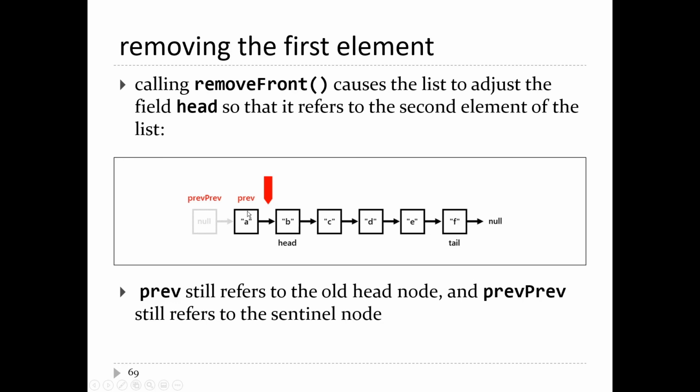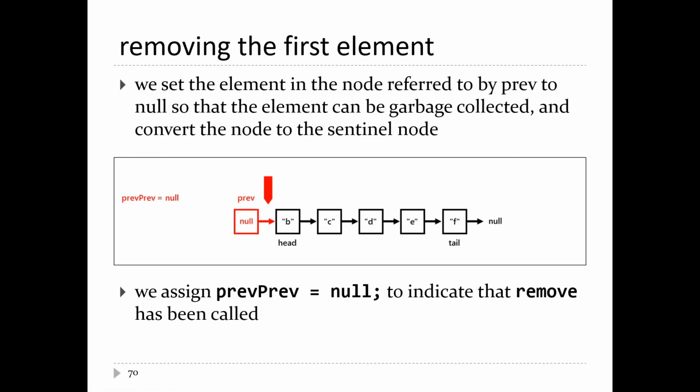Now the problem is our iterator still has a reference to that old head node, right? So previous still refers to that node A. Previous still refers to the sentinel node. We're going to set the element that's in the node previous to null. So we're going to convert the old head node to a sentinel node, right?